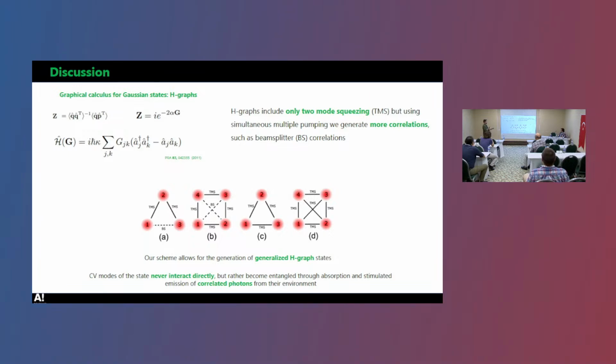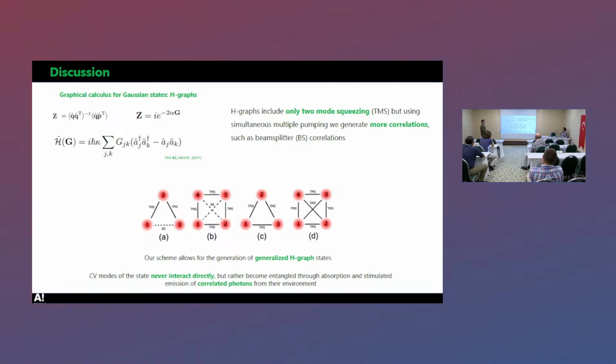So it means that we actually generate more complicated correlations than just 2-mode squeezing step by step. So we generate a different type of correlations, which in the literature could be called beam splitter, because it's similar to what is generated when you have 2 beams of light that interact on a beam splitter. So it's kind of a similar but not the same type of correlation. And here you can see the example of these graphs.